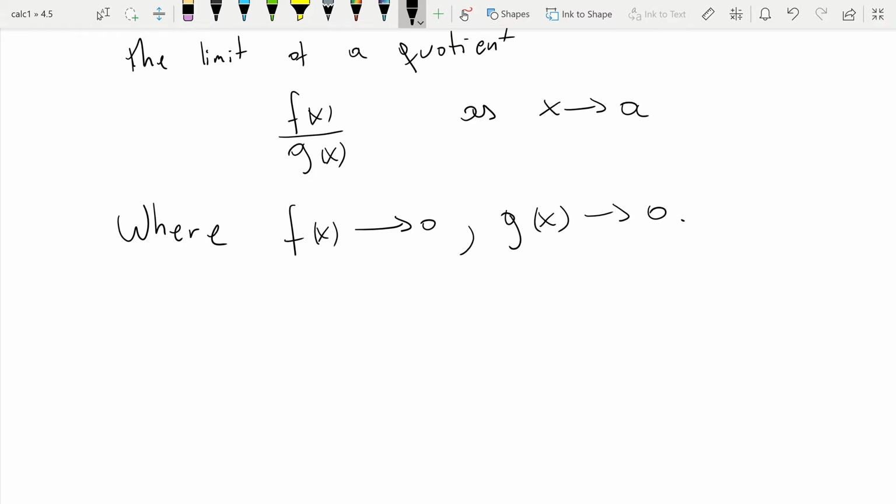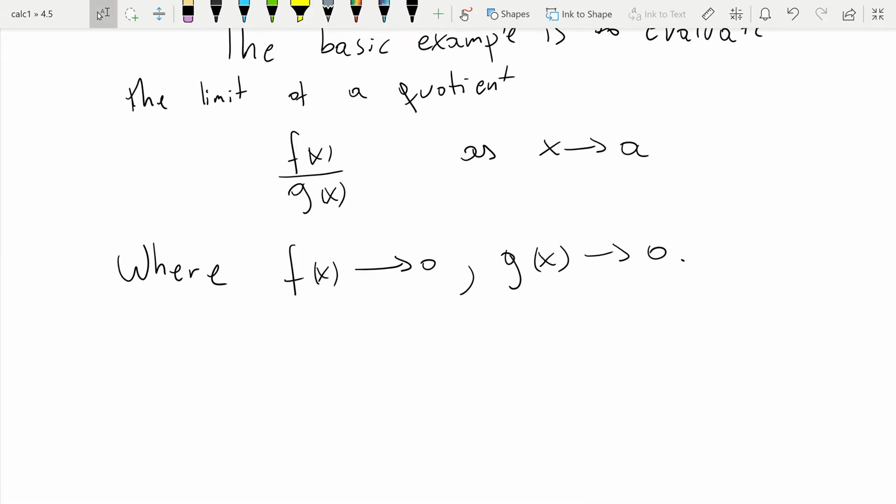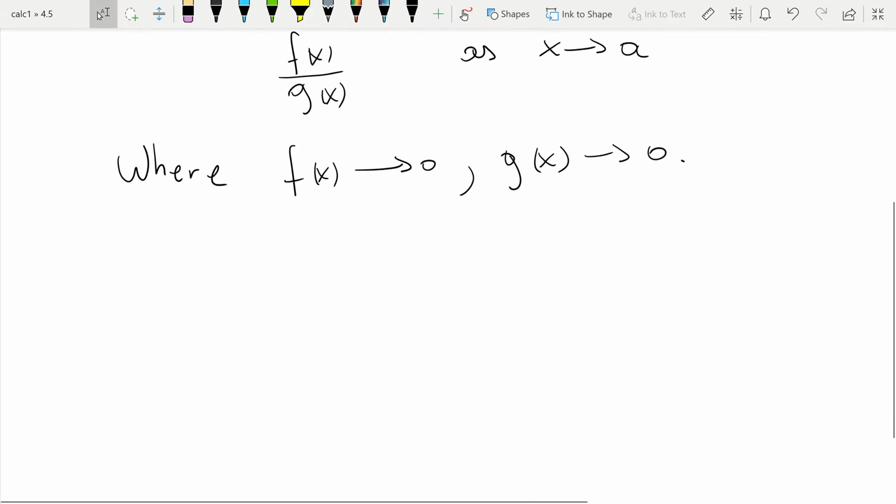So of course that is problematic because we cannot just compute 0 over 0. That's not defined.